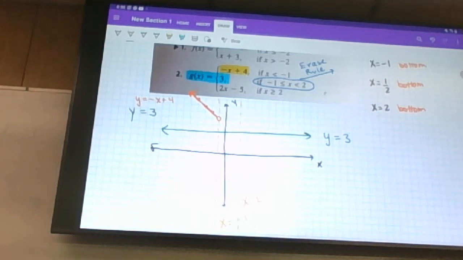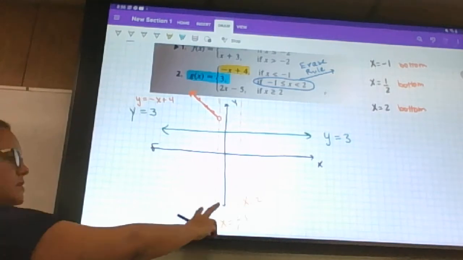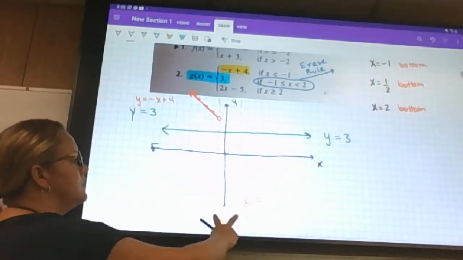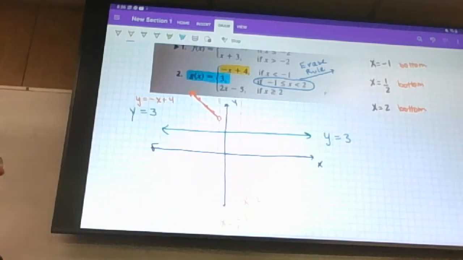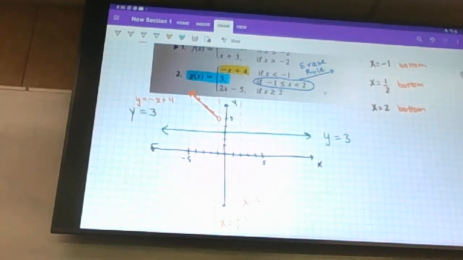No one's going to tell you to draw these dashed lines. The book doesn't say it, but I find it really helpful to see. This is x equals -1 and this is x equals 2, and my green line should really only be there.